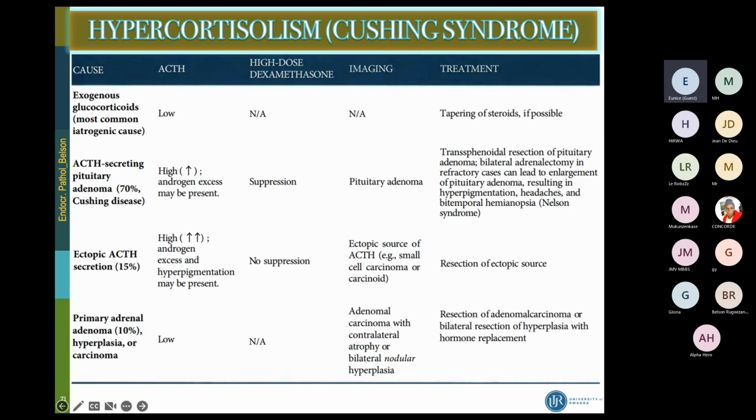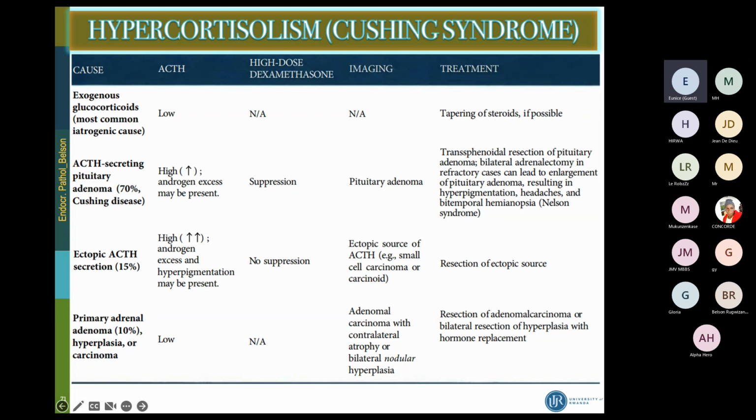High dose dexamethasone test, which would be done. So imaging will show pituitary adenoma, and the treatment in near resection is twabonye kare transsphenoidal resection of the pituitary adenoma.